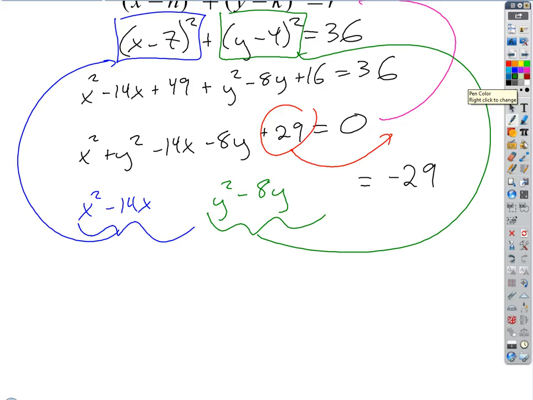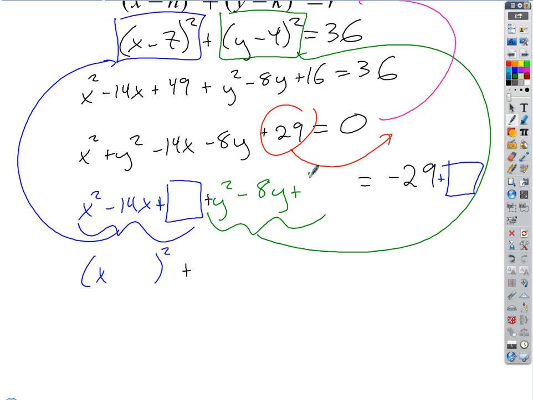So what's this going to become? We know that we want to pick a value here. Pick a value here. And I have to add that to both sides, don't I? So that this is going to look like that, right? Perfect square. And then I need a plus sign there, don't I? Plus.